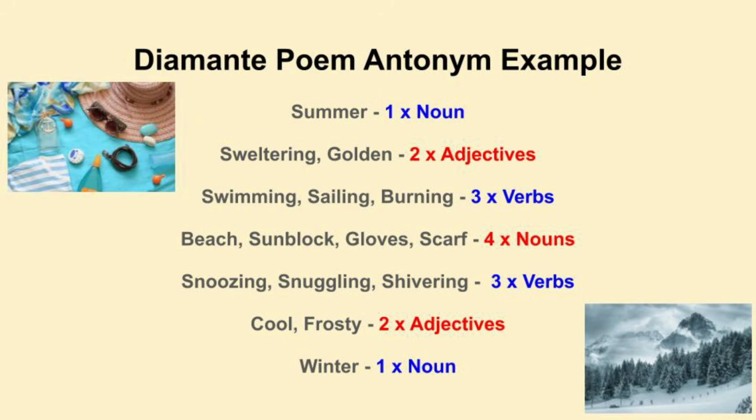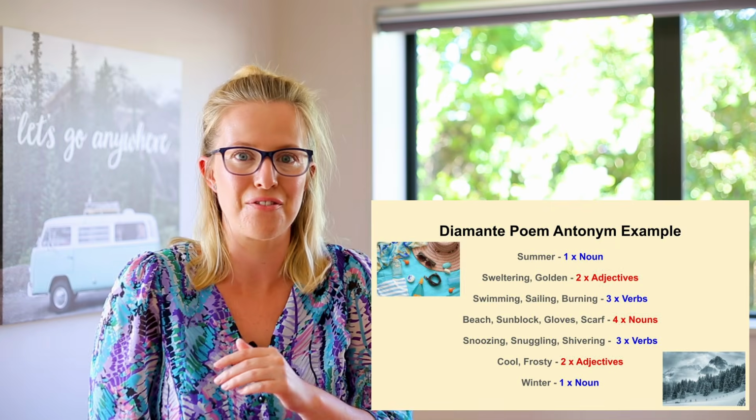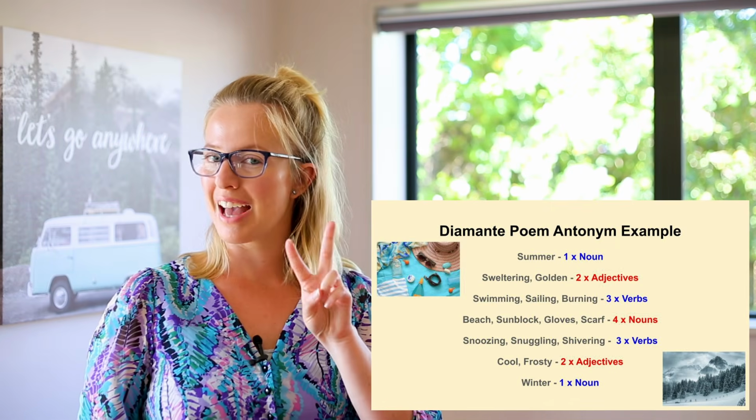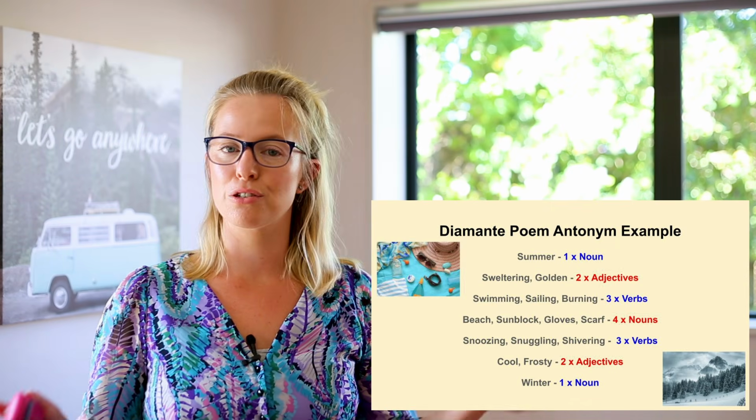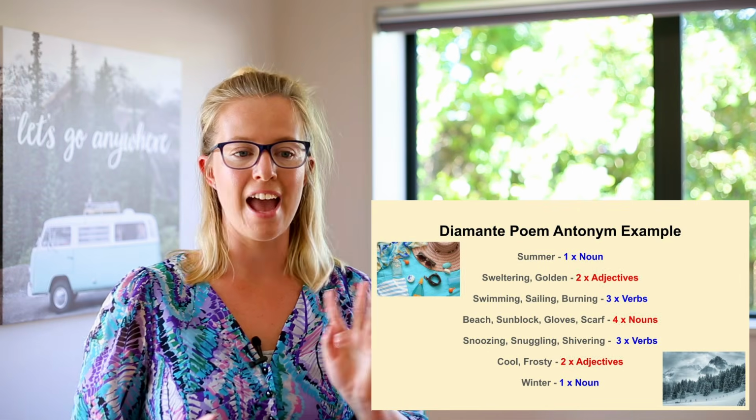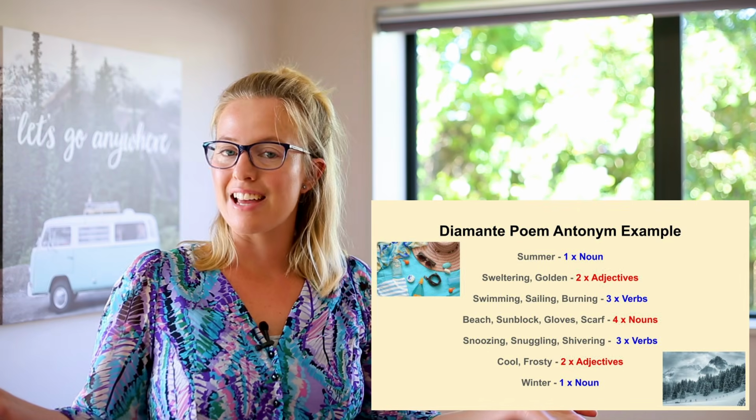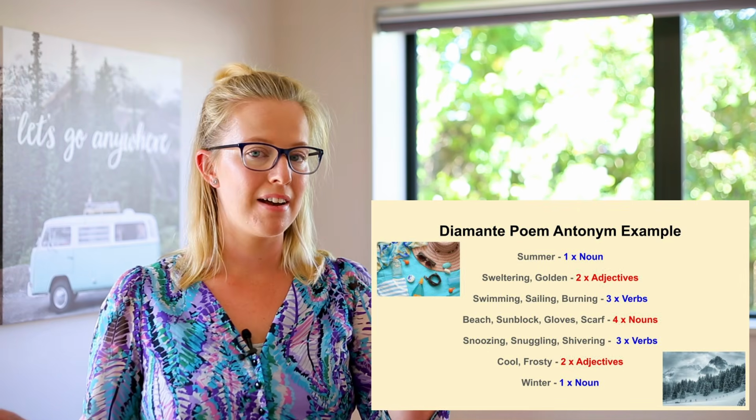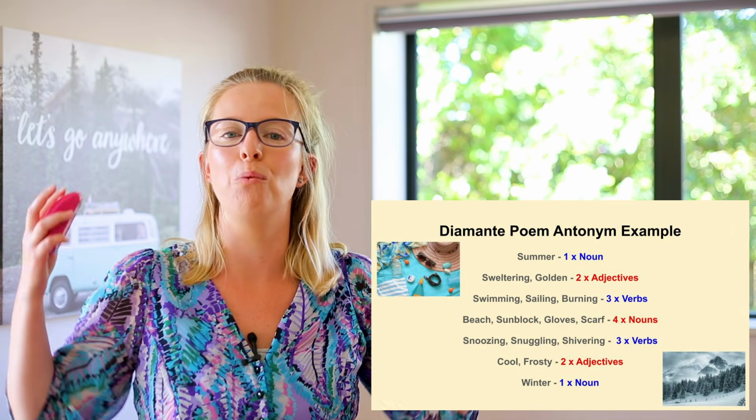I've got beach, sunblock, gloves, scarf. Then the next line, I have 3 verbs of what I would be doing in winter, which is snoozing, snuggling, and shivering. Then I have 2 adjectives that I can use to describe winter, which are cool and frosty. And then I end with an antonym to summer, which is my noun of winter.